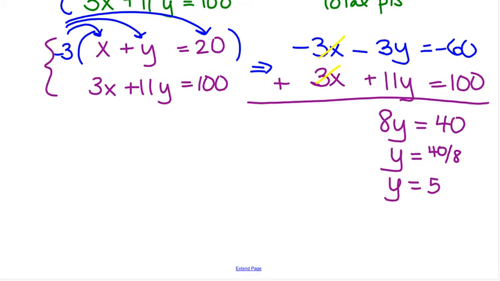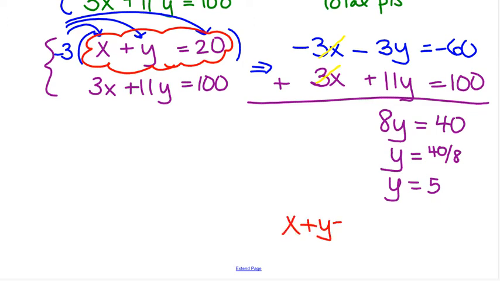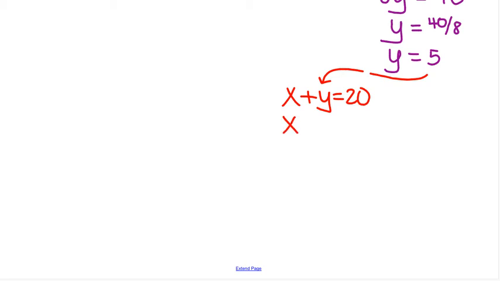Now, using elimination method to continue, we're going to choose one of the equations from the original system. I'm going to just choose this one because there's no multipliers in front. So I say x plus y equals 20. Now we're going to substitute that 5 in for y. So x plus 5 equals 20. We're going to solve it for x.